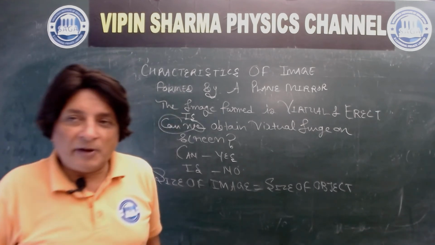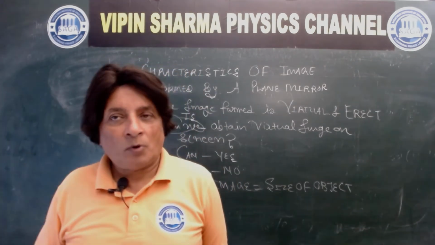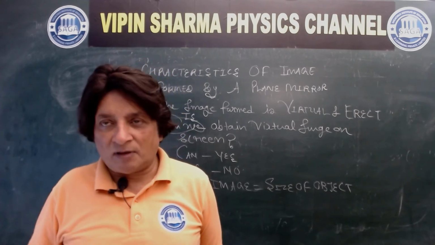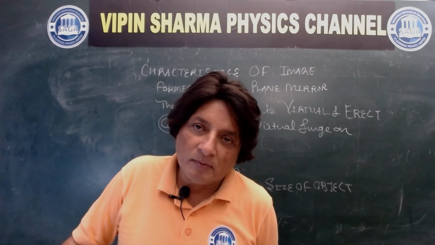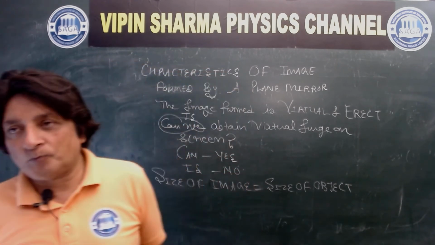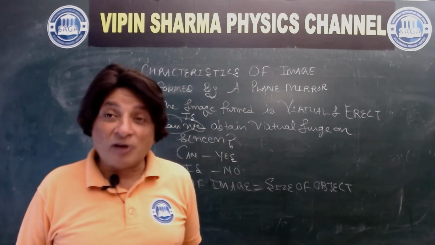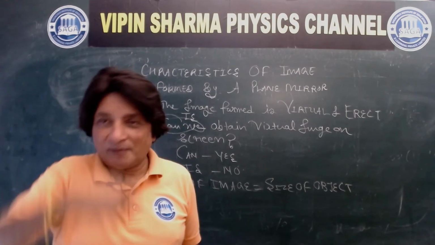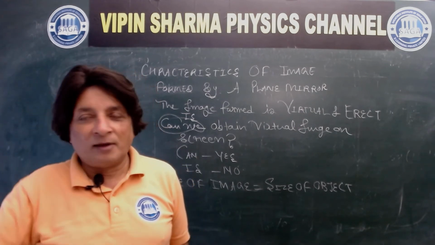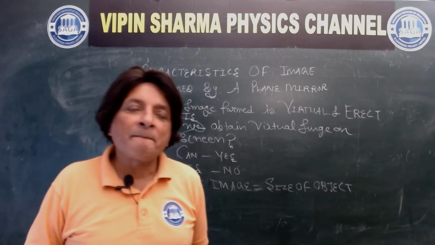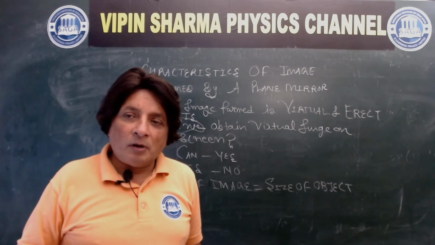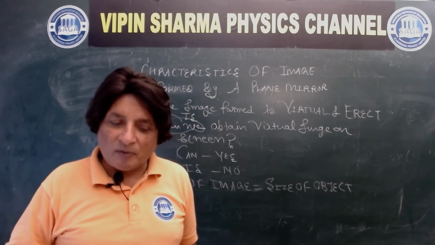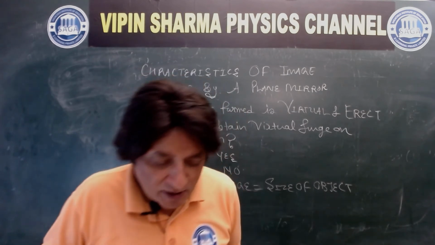जब आप मिरर के आगे खड़े होते हो तो जो आपका साइज है उसी ही साइज का इमेज आपको दिखता है. That's why you people can dress up yourself before a plane mirror. You can comb your hair, बालों की कंघी कर सकते हो, मेकअप करते हैं जो लोग वो कर सकते हैं. So size of image and size of object ये हमेशा इक्वल रहता है.